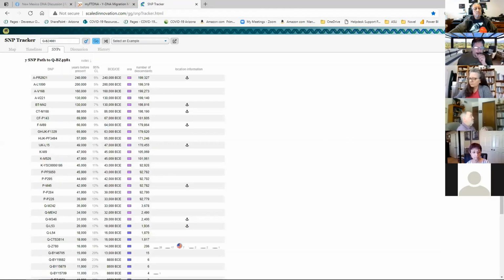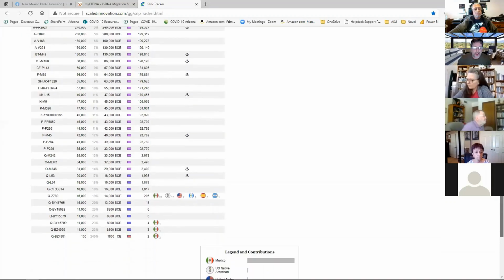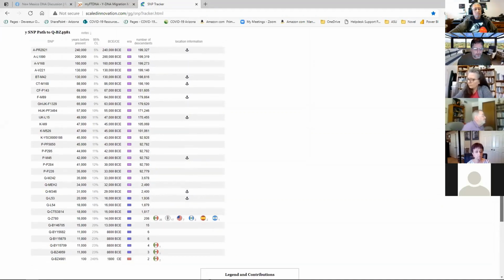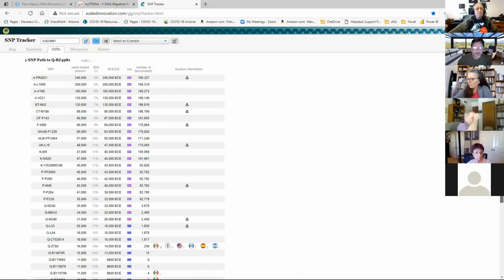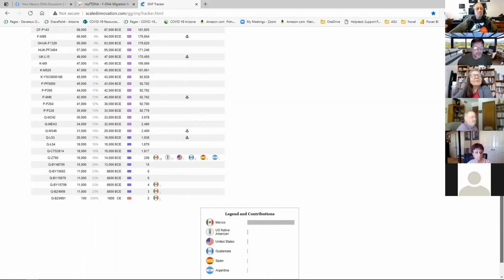All right, so a warning about SNP tracker. It doesn't get the dates very accurate for Q. But here is what it's telling me. It seems to come from Mexico. This is very young, so you have a family clade. It's only about 200 years old.